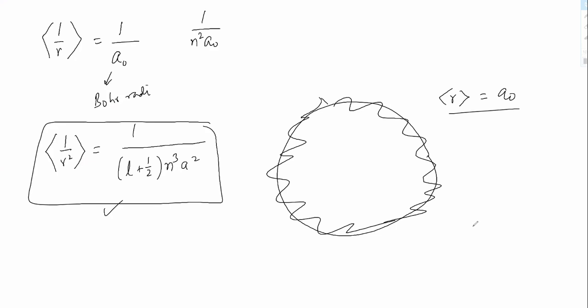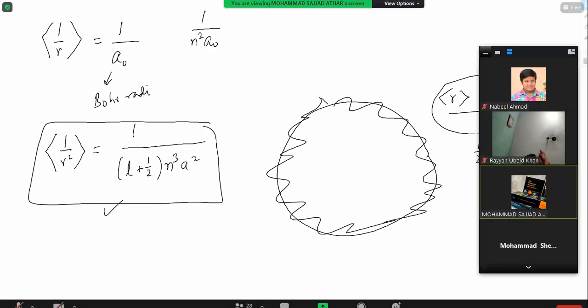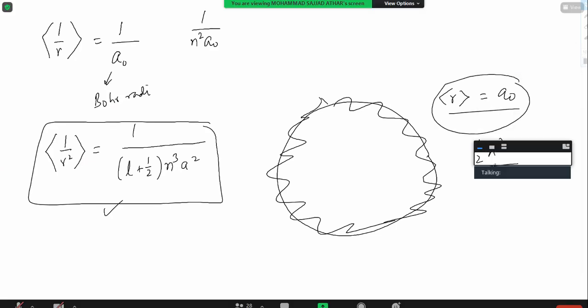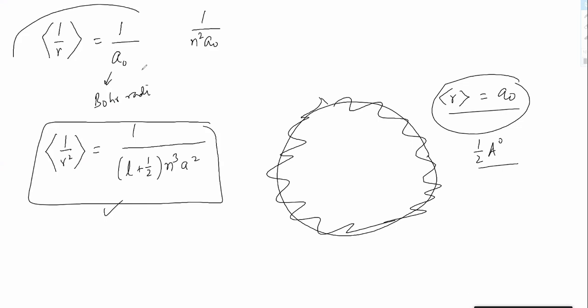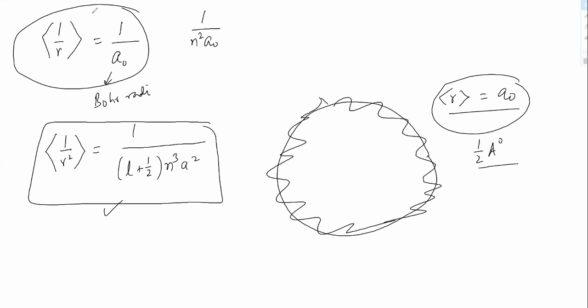Even with all these corrections, you will get this value, which is nothing but half angstrom. Therefore, try to get this value by looking at your notes, and then we will discuss this relativistic correction on Thursday in our regular class. Okay, let me stop here. We shall continue from this class.